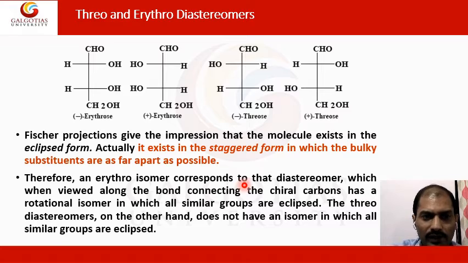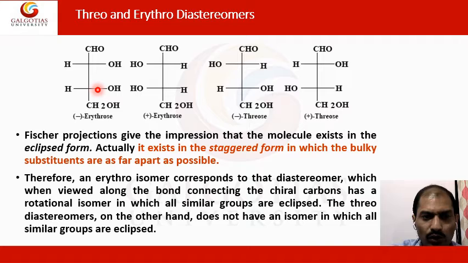The erythro isomer corresponds to the diastereomer which, when viewed along the bond connecting the chiral carbons, has a rotational isomer in which all similar groups are eclipsed.